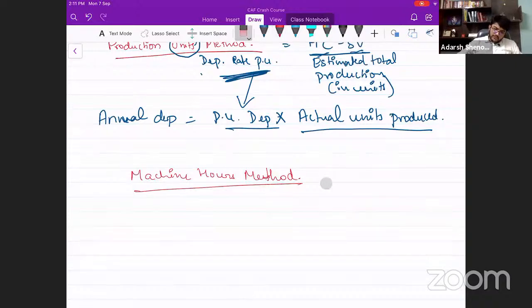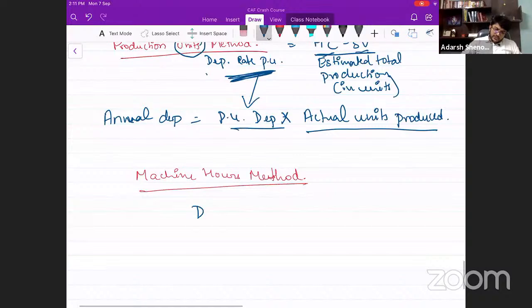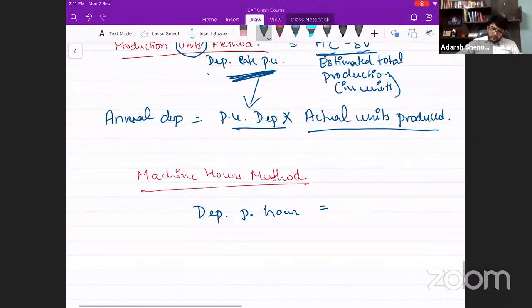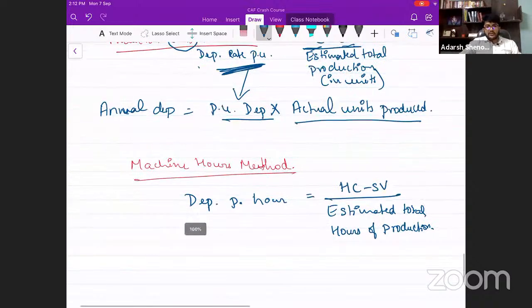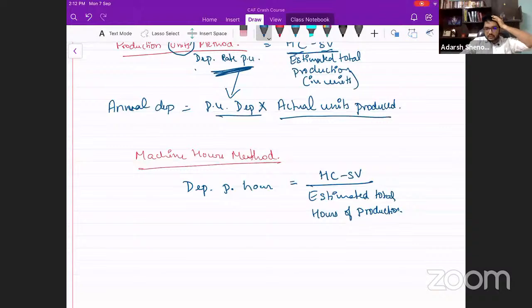First, we have to calculate the depreciation per hour, or rate of depreciation per hour. Depreciation per hour is equal to historical cost minus scrap value divided by estimated useful life, or estimated total hours of production. We estimate the total hours the asset can run, and you take that.